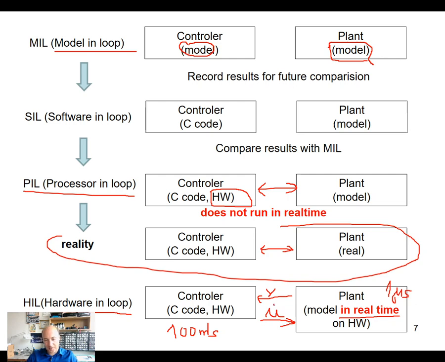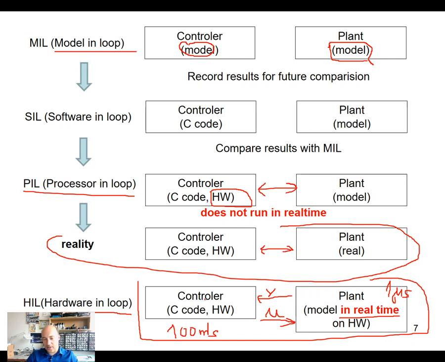So at the end of this class, the project number 2 that you will do will be about this. You will first go step by step through all this approach. You will create the model of the plant.